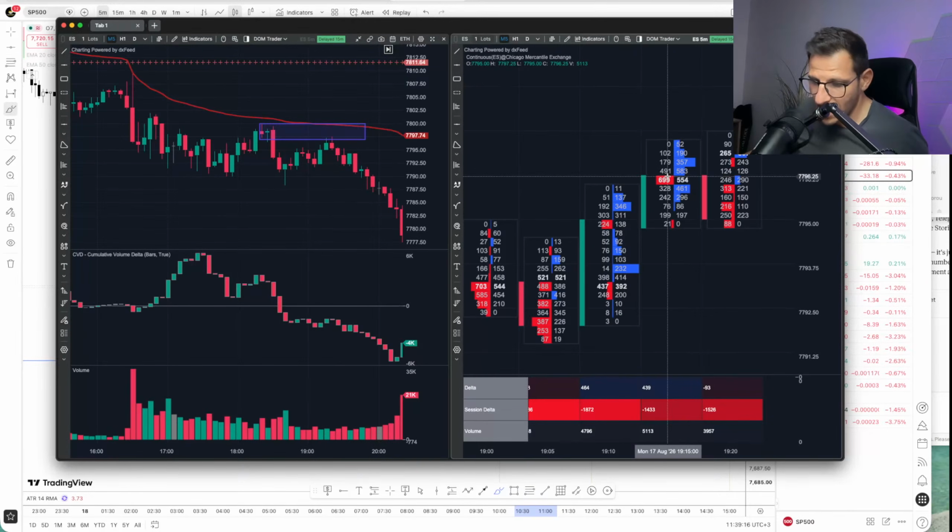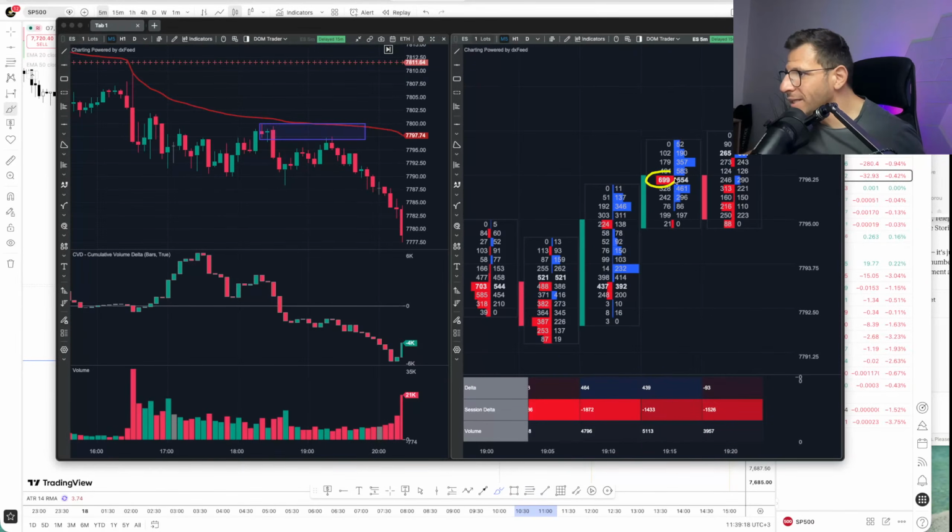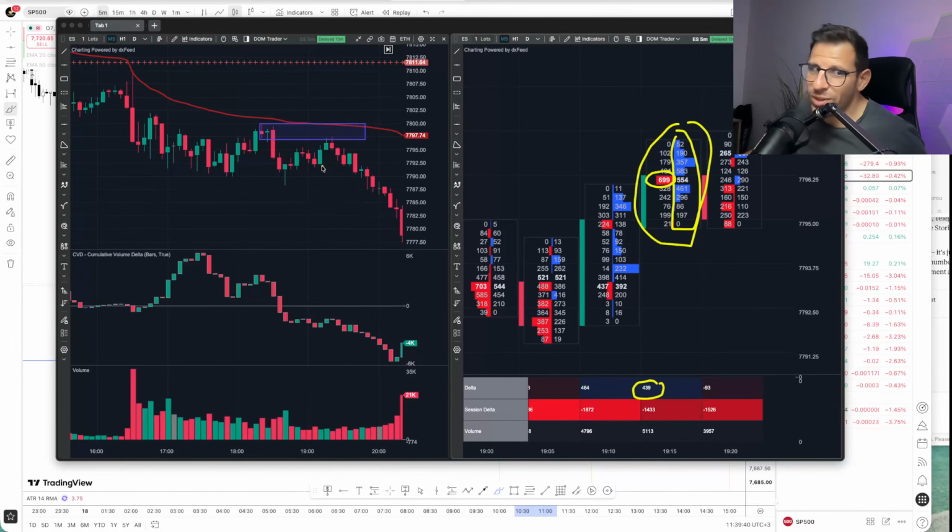This one was the key number, 700, the biggest number of the candle, which the platform highlighted itself. 700 were selling versus all these buyers, still more buyers, see? There were 439 more buyers. So if the market was about to move into an exponential upward breakout, we would have seen a nice continuation.